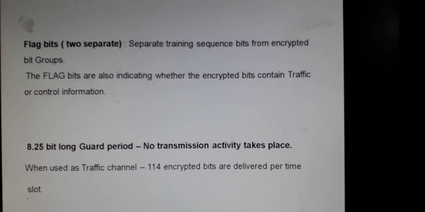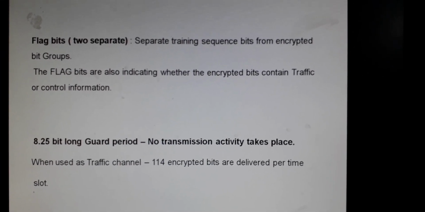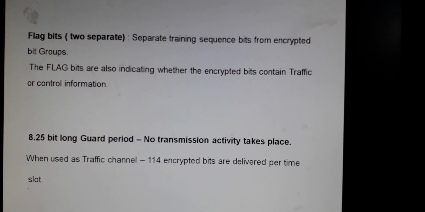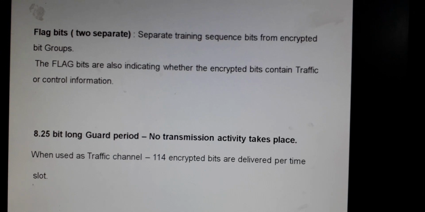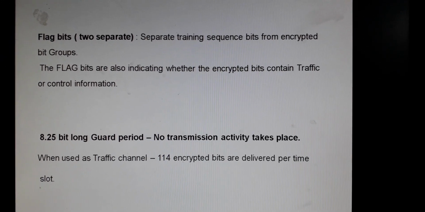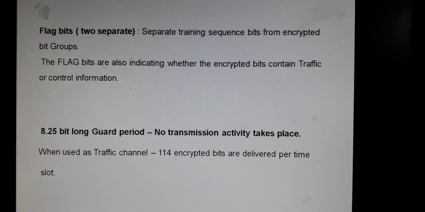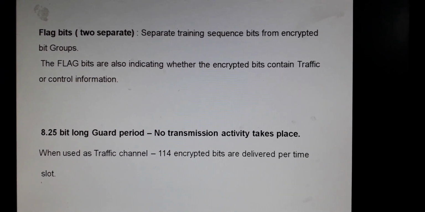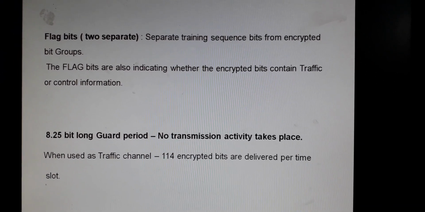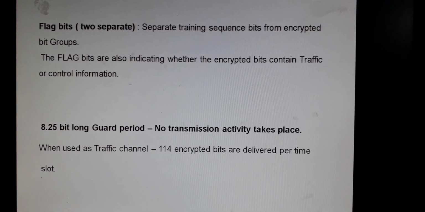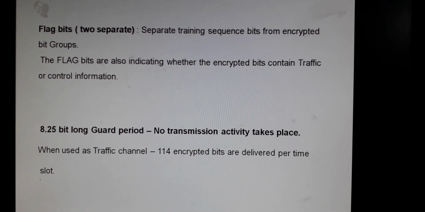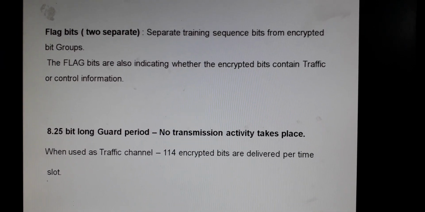Flag bits separate the training sequences from the encrypted bit groups. All information in the GSM is always converted into some form, that is, encrypted form. These flag bits indicate whether the encrypted bits contain traffic information or control information.